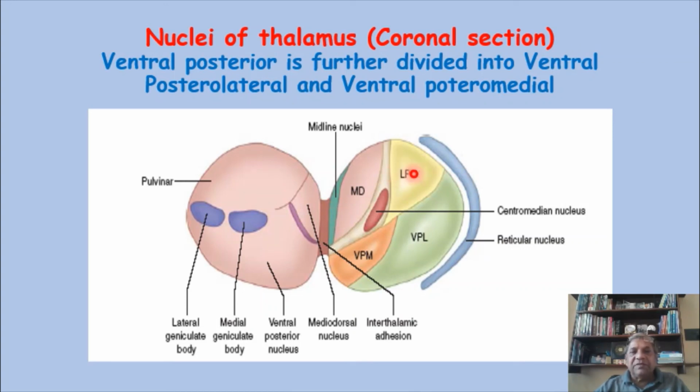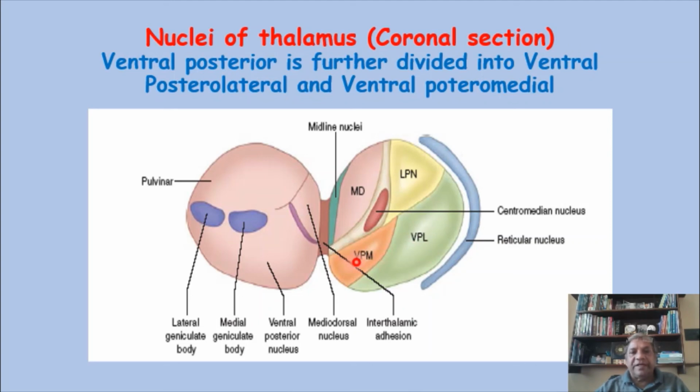But here it was the lateral posterior nucleus in the posterior, I mean to say, dorsal group of the lateral group. And in the ventral group, as I said, the last nucleus of the ventral group, the ventral posterior, is further divided into two: ventral posterolateral and ventral posteromedial.